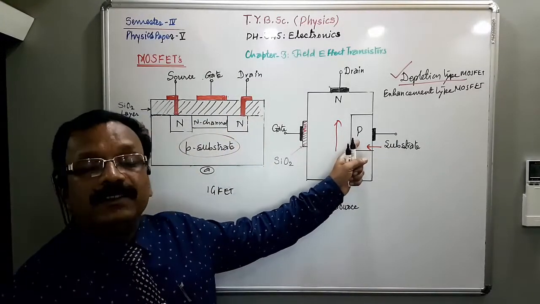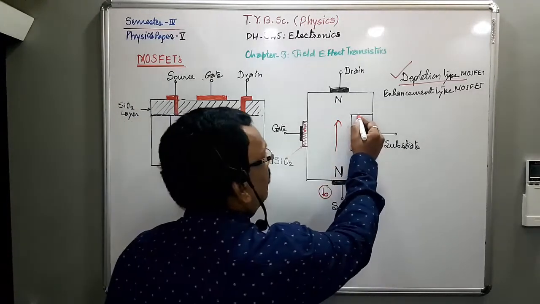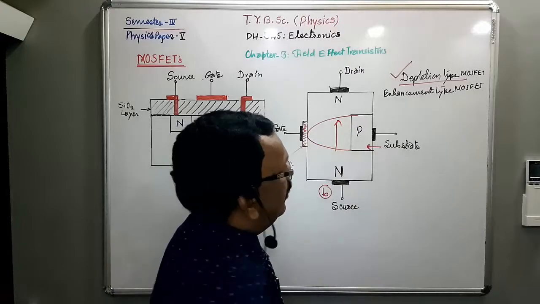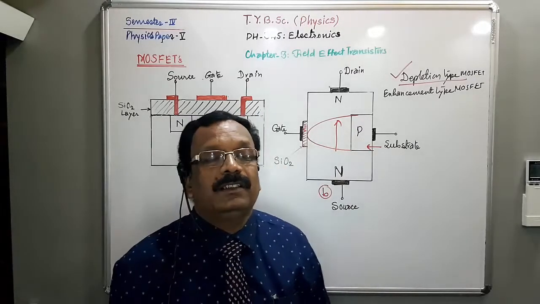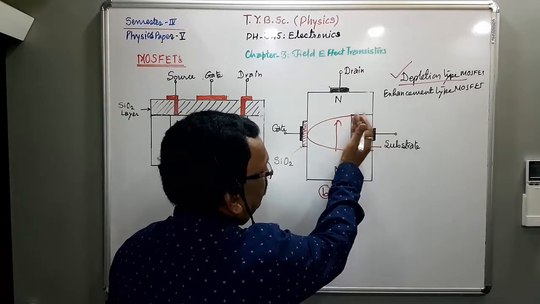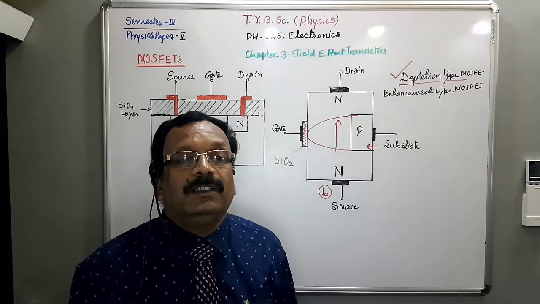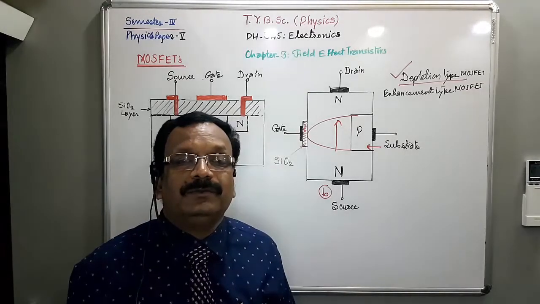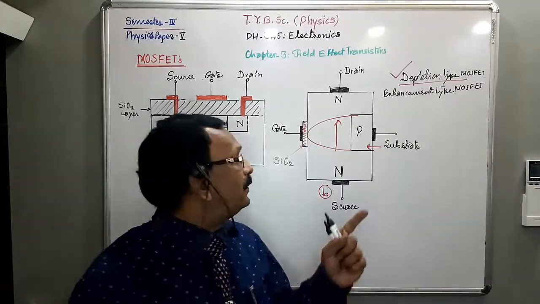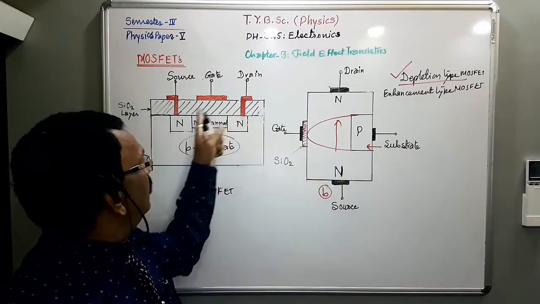This substrate physically reduces the conducting path to a narrow channel.